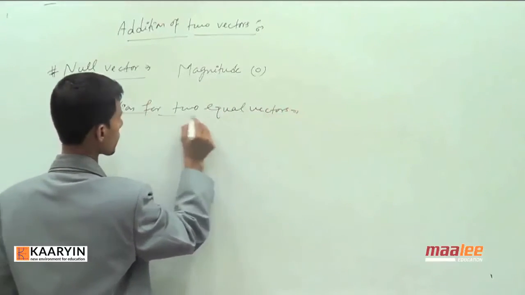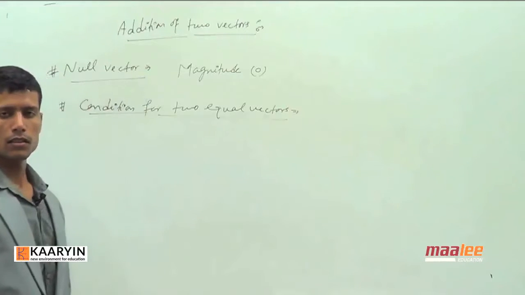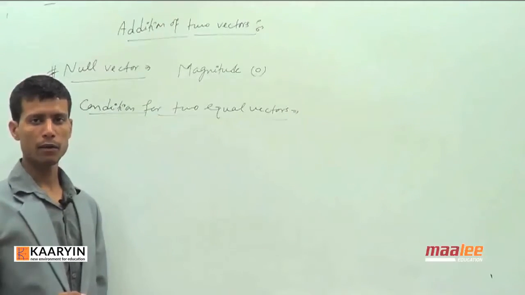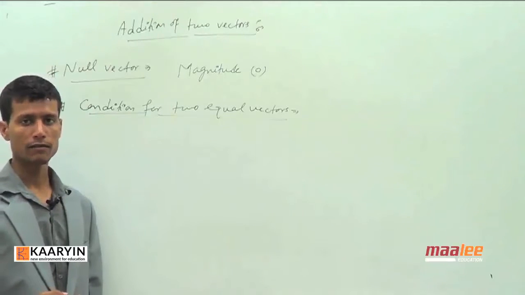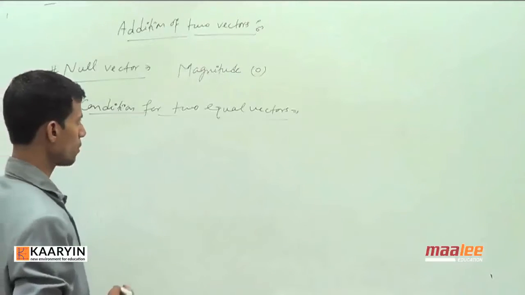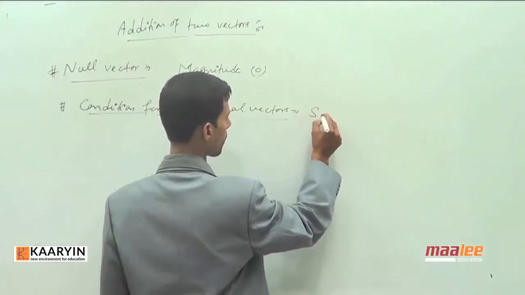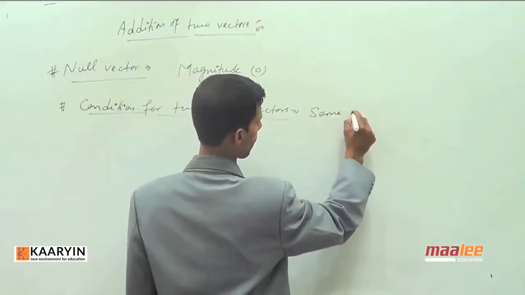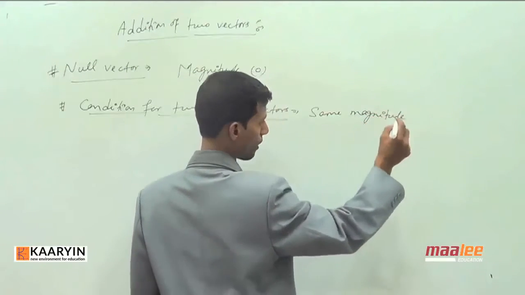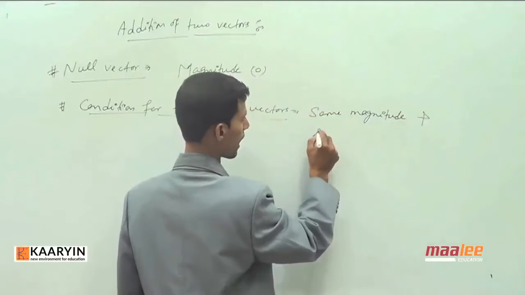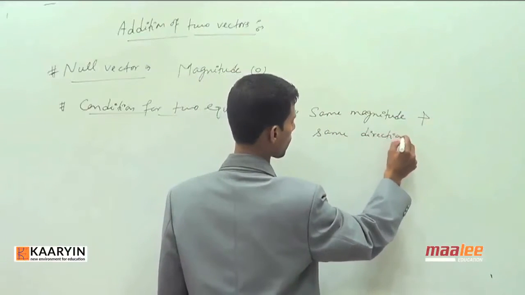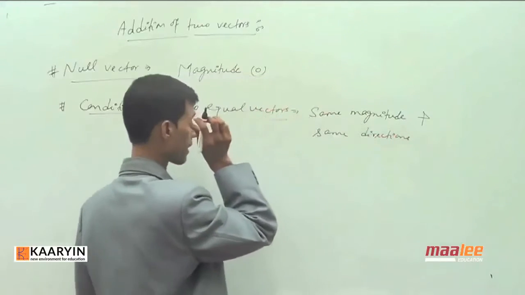That condition says if there are two vectors that have the same magnitude and the same direction, then they will be equal. So both must have the same magnitude and the same direction if two vectors are supposed to be the same vector.